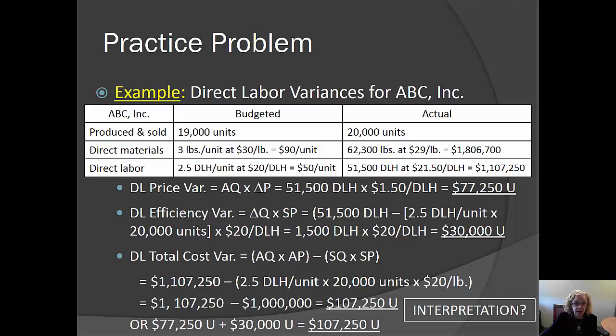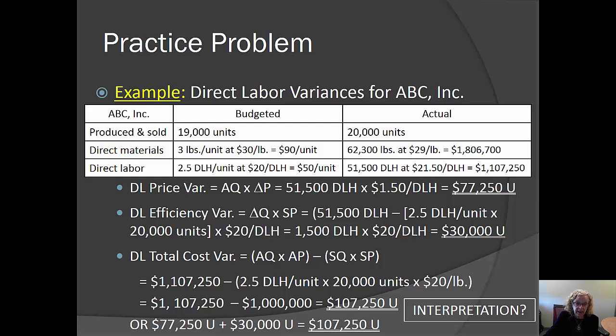How do we understand these results? One possibility that we haven't considered before is that it relates to the unfavorable direct materials efficiency variance that we just found in the previous part of this problem. Production seemed to use a lot more material than was budgeted, and we considered the possibility that the firm had saved a little bit per pound and bought substandard material.